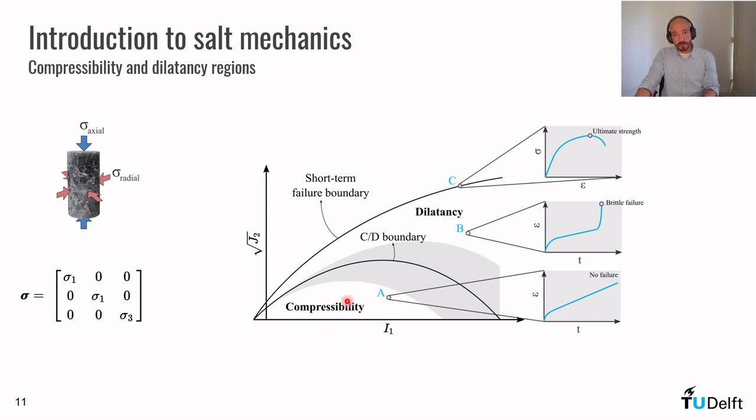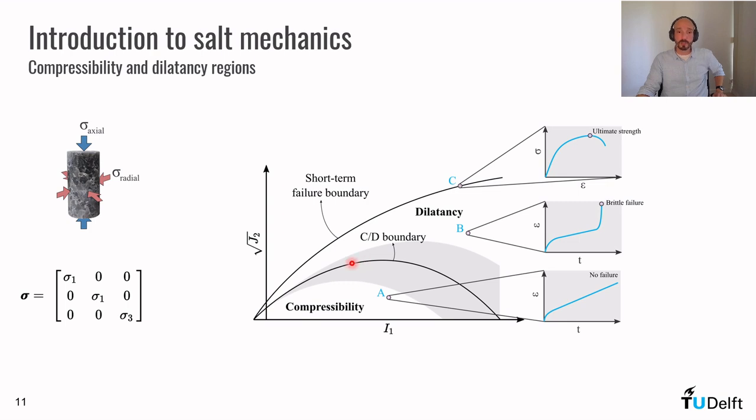These two regions, compressibility region and the dilatancy region, they are divided by what is usually called compressibility dilatancy boundary or compressibility boundary. And although we call it a boundary, this is more like a region than a boundary itself, because the delimitation between these two regions, the dilatancy and compressibility regions, is hard to define.